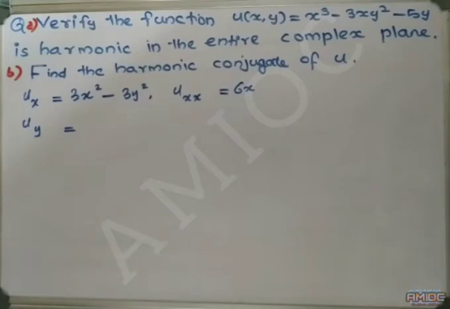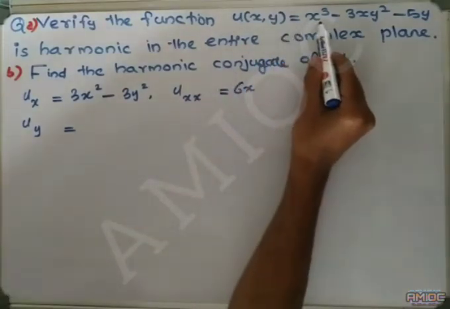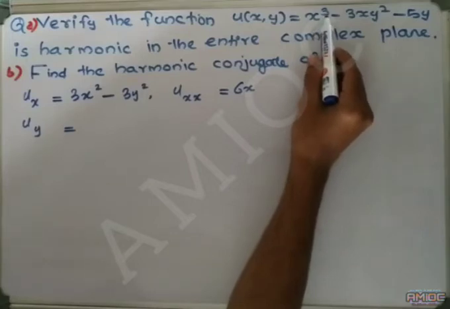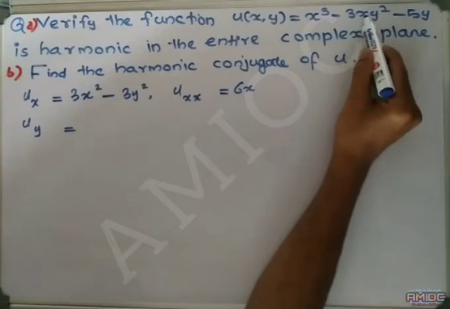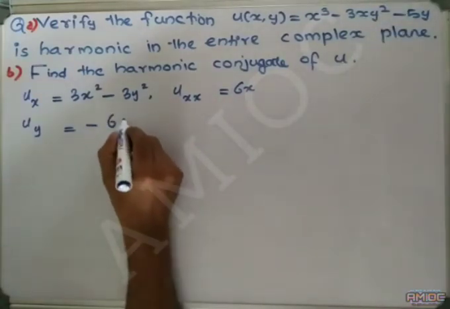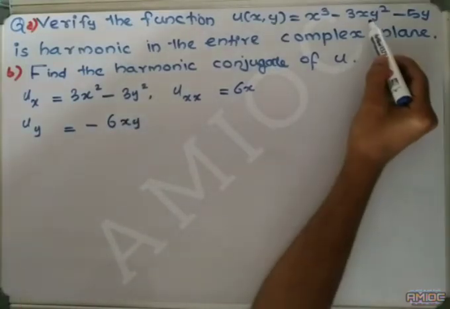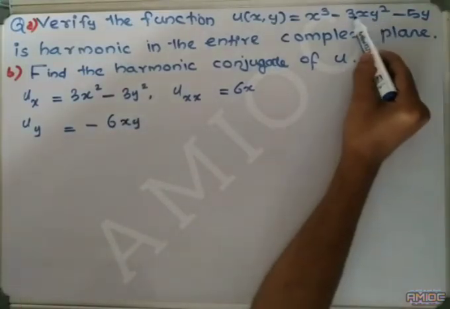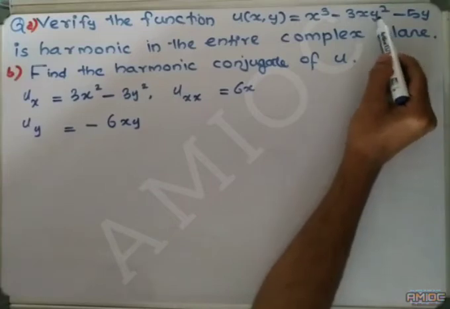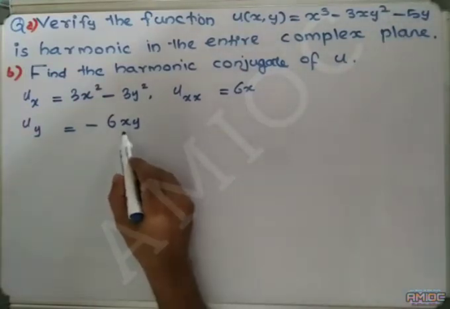Now we have to evaluate uy. If we take the derivative with respect to y, the derivative of x cube is 0, and for minus 3xy square, minus 3x is a constant and the derivative of y square is 2y, therefore minus 3x into 2y gives minus 6xy.